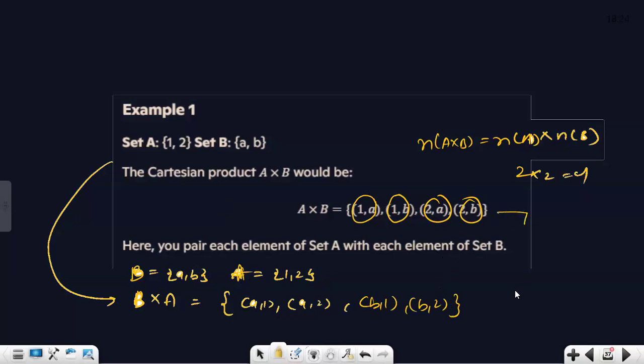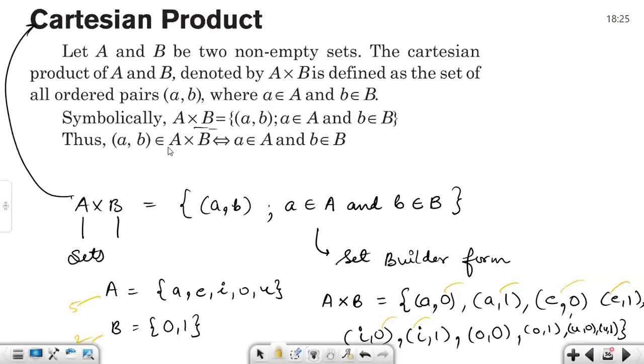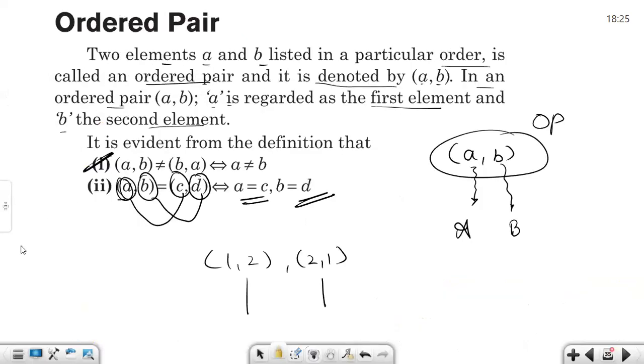So now comparing these two sets, A cross B and B cross A, are they the same? Like, is 1A equal to A1?